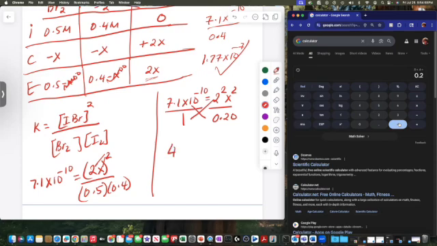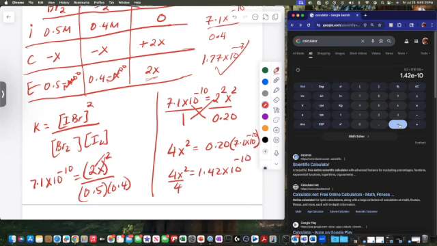Ends up being 4x squared equals 0.20 times 7.1 times 10 power negative 10. Okay, this 4x squared equals 1.42 times 10 power negative 10.